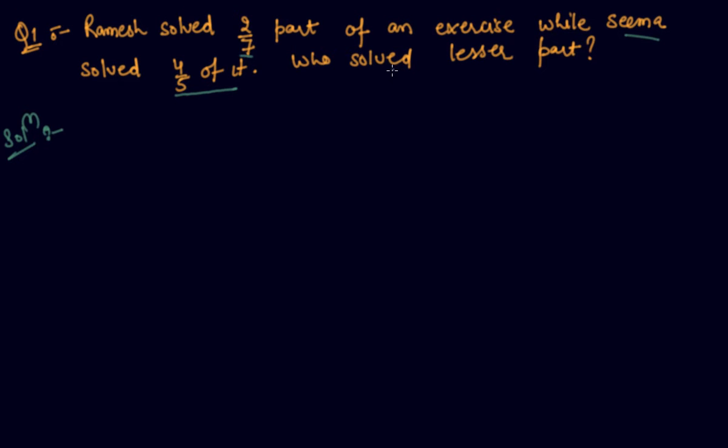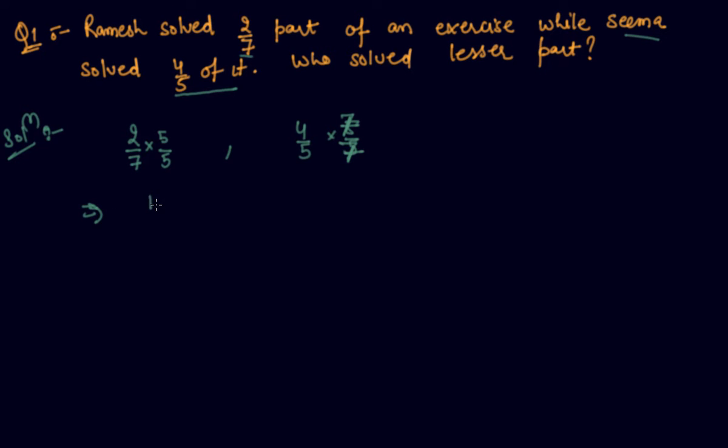In order to solve which one is lesser or greater, we have to equate either the denominator or the numerator of both fractions. One is 2 by 7 and another is 4 by 5. So I will make the denominator equal. To make the denominator equal, I will multiply the first fraction by 5 upon 5 and the second fraction by 7 upon 7.